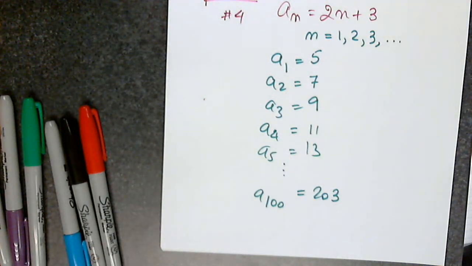Agreed? Okay, so now the minimum value for n is 1 unless I need to change it. There are certain sequences that start with n equals 5. But if it's not specified, then the minimum value for n is 1. Now I will plug in 2 times n.